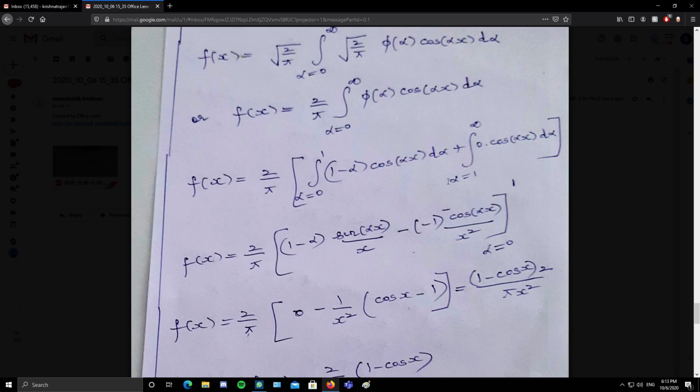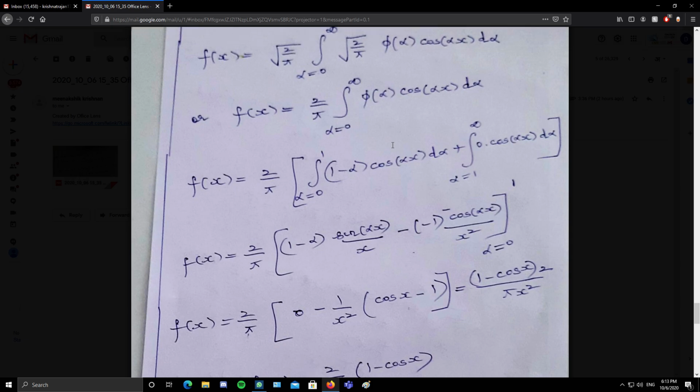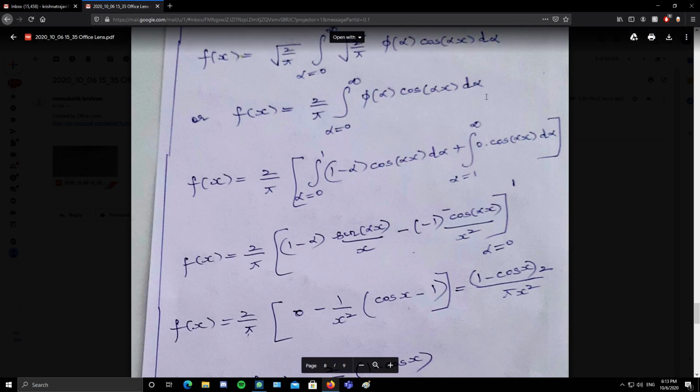When you are doing the integration, you should be careful. In inverse, whatever the transform, alpha is always a variable and x is a constant.